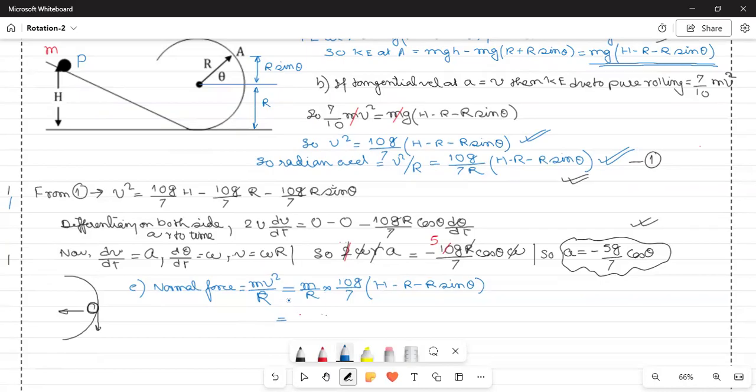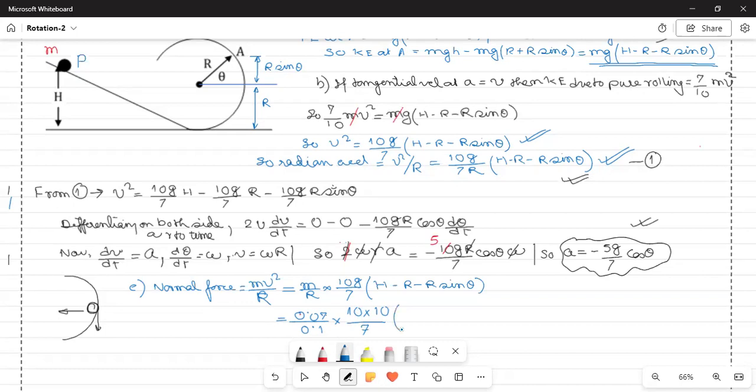M is 70 gram, means 0.07. R is given as 0.1 meter, 0.1 multiplied by 10. G, we take 10 once again, divided by 7, which was always there.